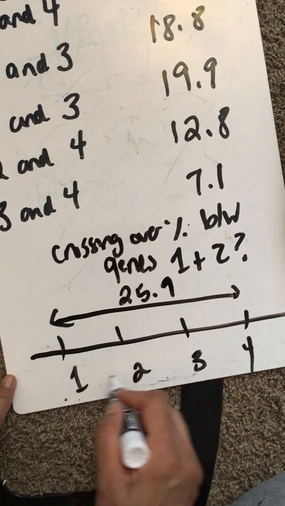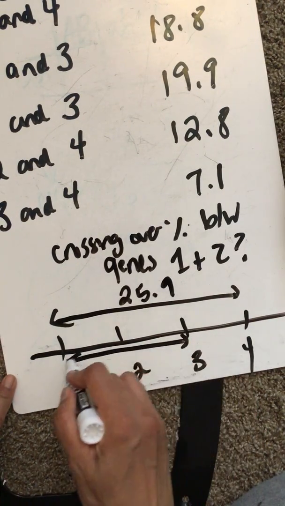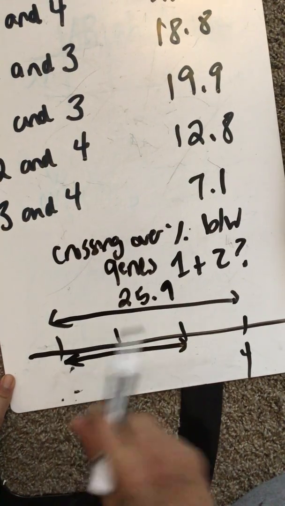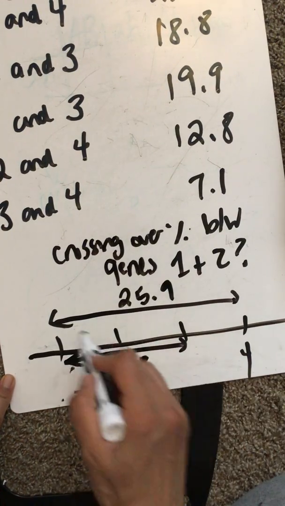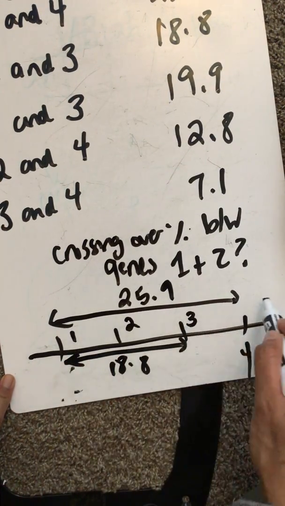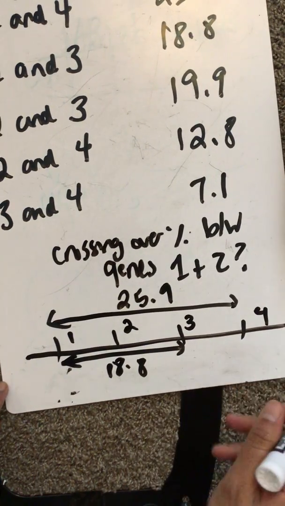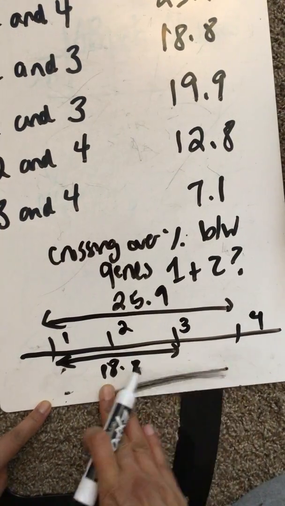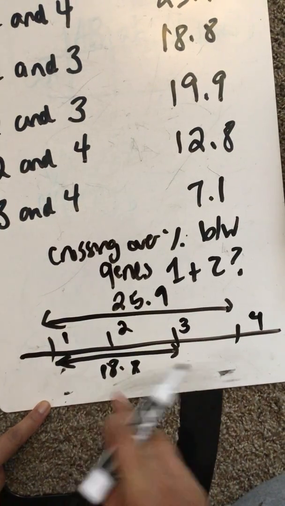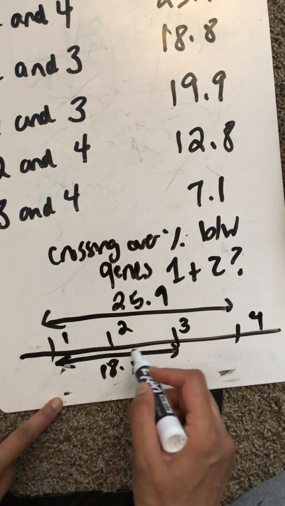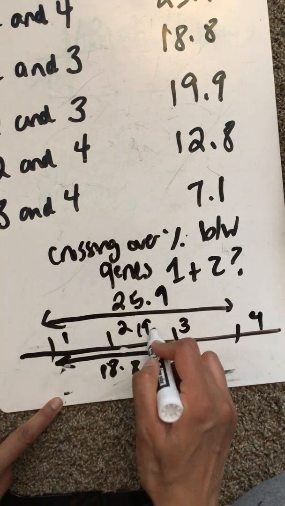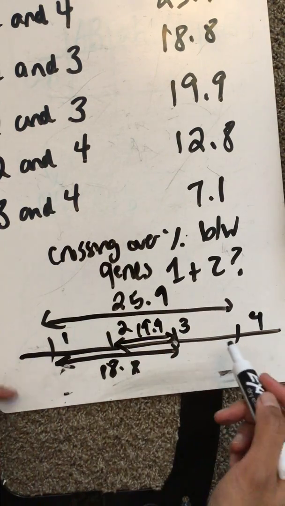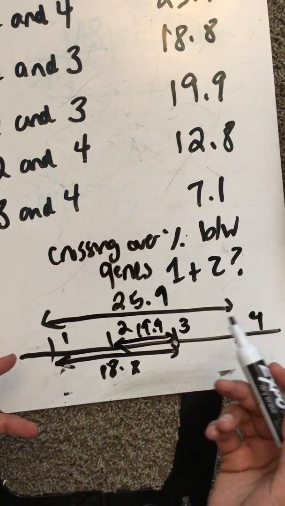So here's 1 and 3, and between them this is 18.8. This is gene 1, 2, 3, and 4. And they're saying genes 2 and 3 are 19.9. Well, all of a sudden, if genes 1 and 3 are 18.8 and 2 and 3 are 19.9, that makes no sense.